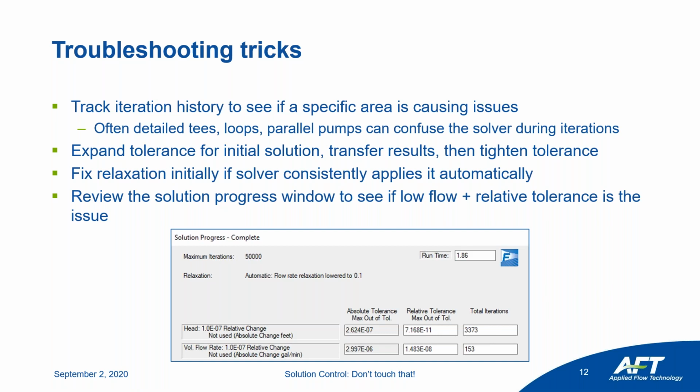This can be helpful if you have low flow, like that 0.01 gallon per minute example, where that relative tolerance is really over-encumbering to that specific flow rate number.